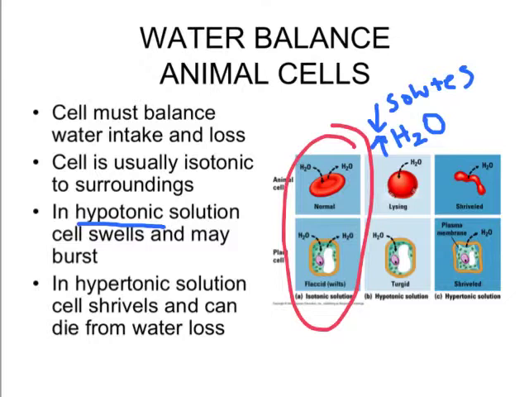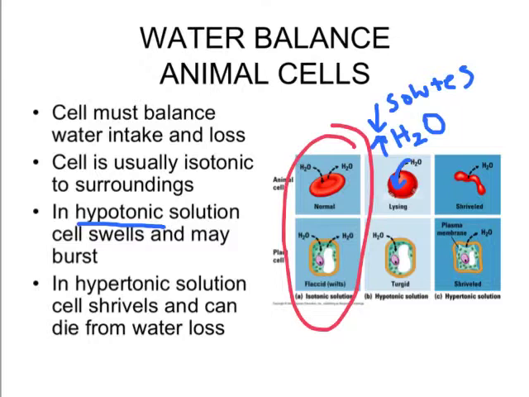The water is going to move inside that cell faster than it can move out, and what happens is that an animal cell will lyse, and the plant cells will start to fill up and get too turgid.